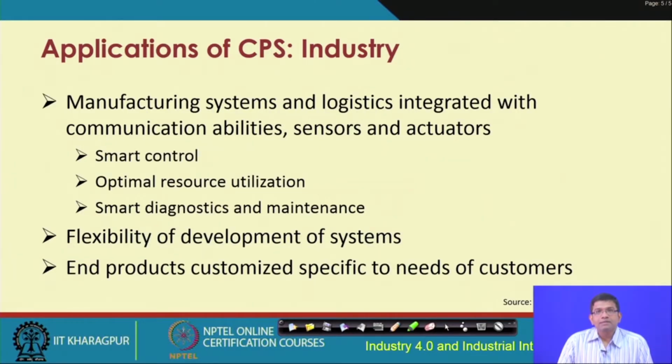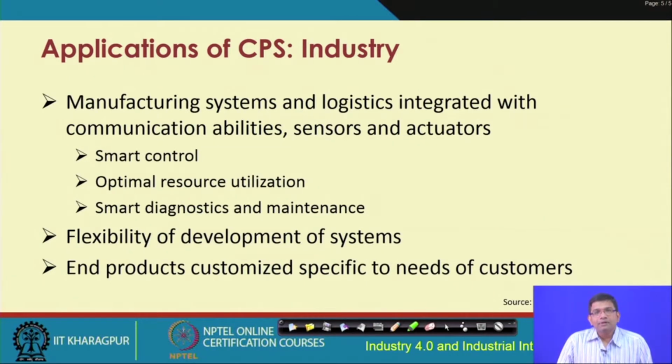All of these could be equipped with different components to make them smarter, improving the efficiency of production using different sensors, actuators and other processing. These could be made smarter, and these would also be examples of cyber physical systems in the manufacturing industry.